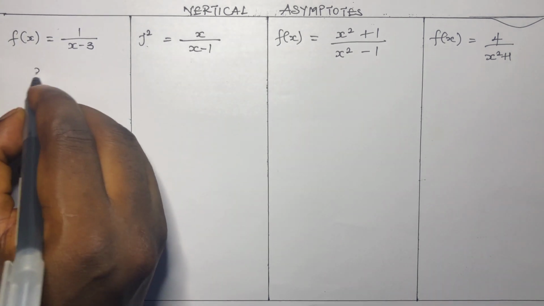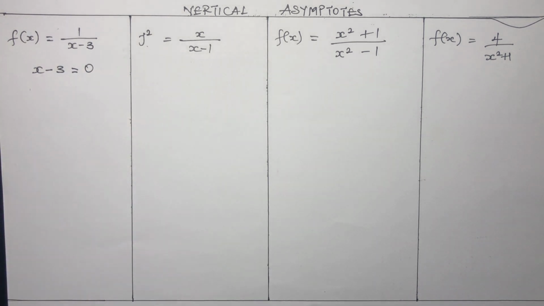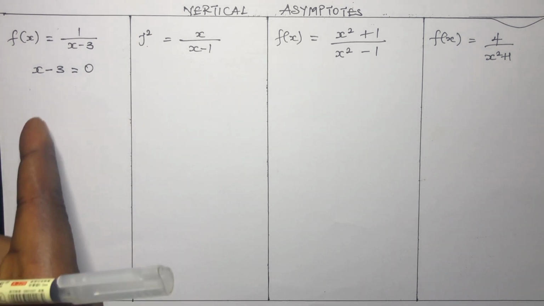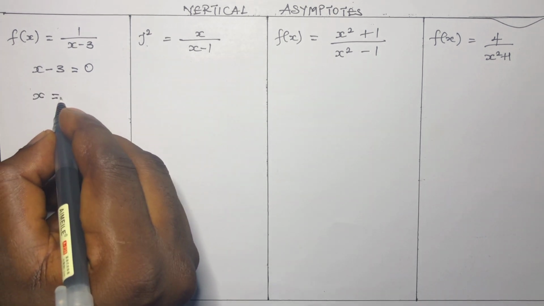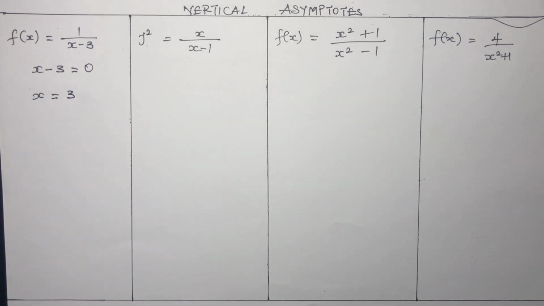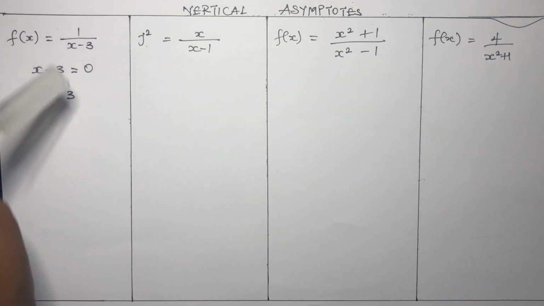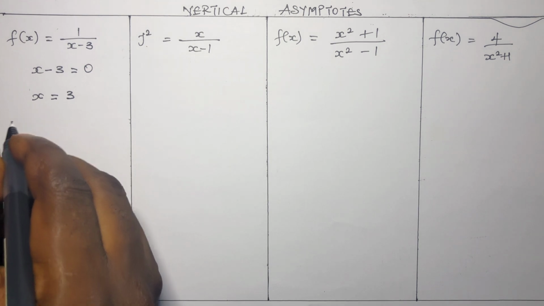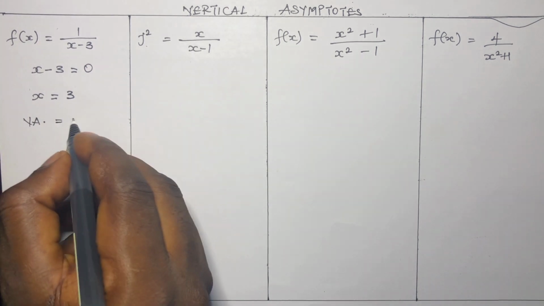So we have x minus 3 equal to 0. And then if we add 3 to both sides, we have x equal to positive 3, right? So this is the vertical asymptote of this function f of x. We have vertical asymptote equal to 3.